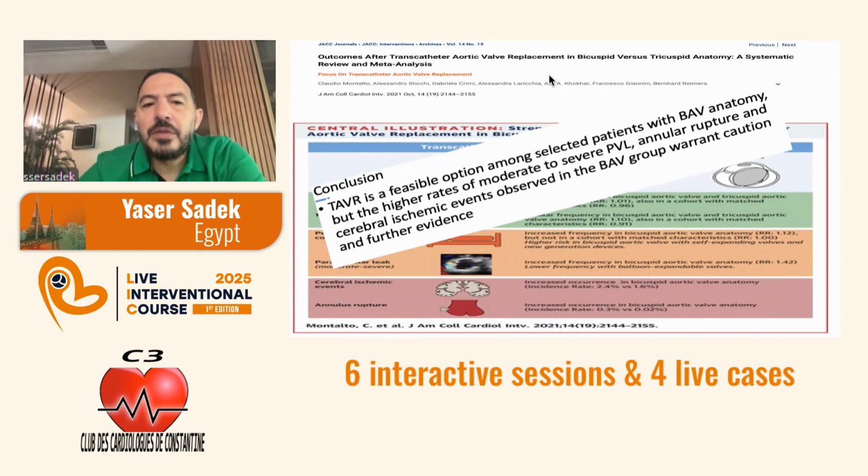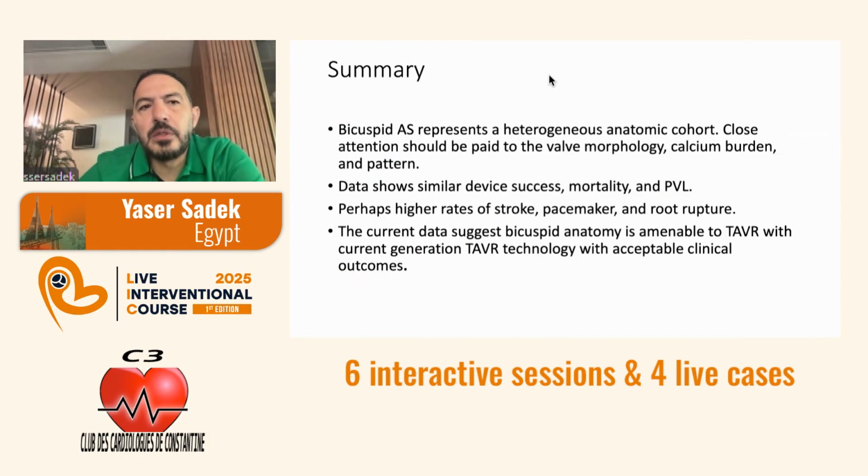TAVR is a feasible option among selected patients with bicuspid aortic valve anatomy, but higher rates of moderate to severe paravalvular leak, annular rupture, and cerebral ischemic events are observed in the bicuspid aortic valve. So some recommend putting in a cerebral protection device before tackling the bicuspid aortic valve, according to the protocol in some centers.